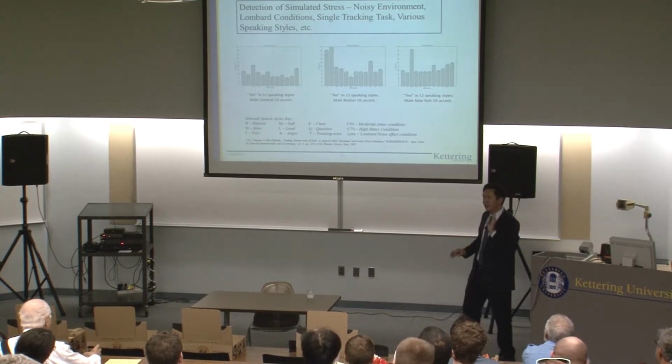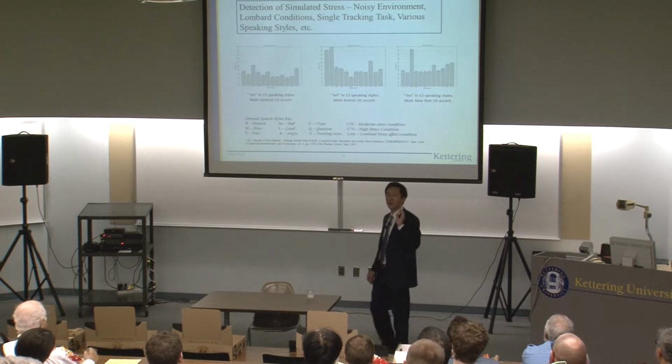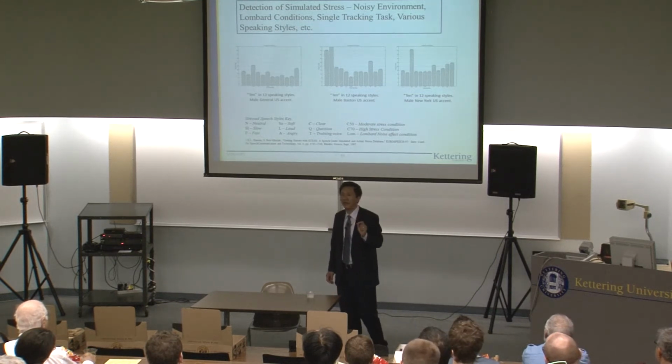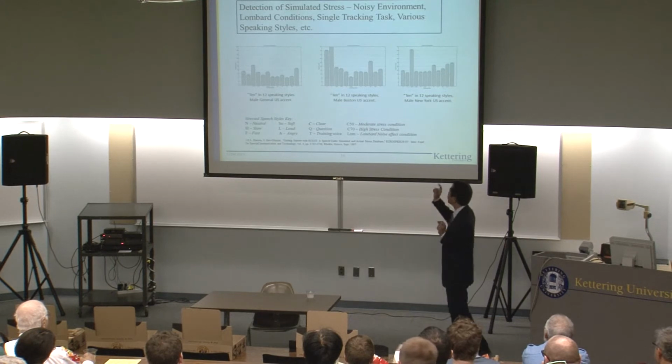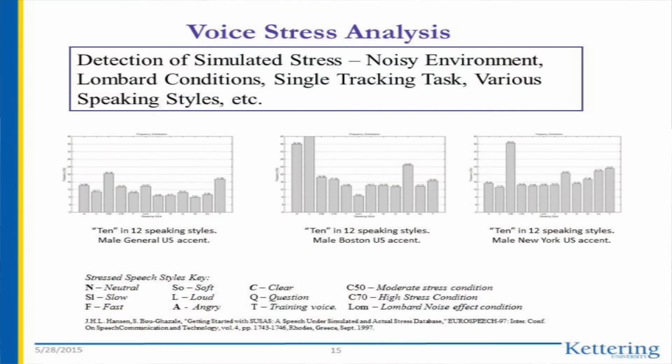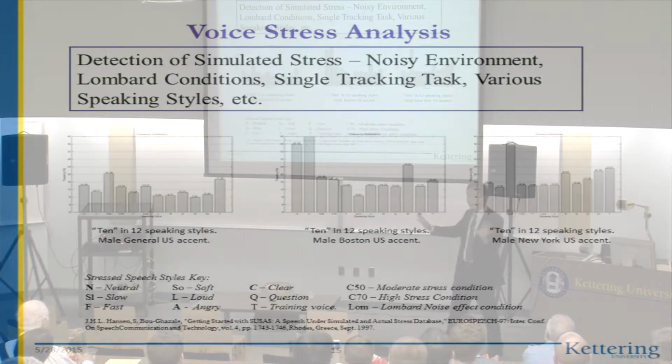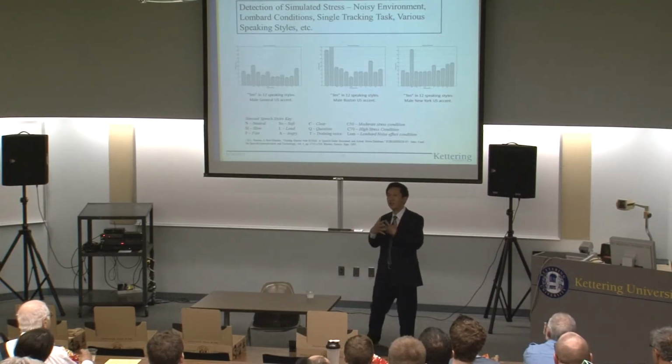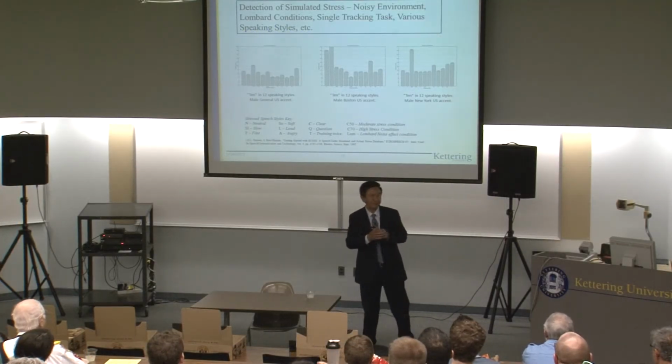We experimented with 3 sets of data. First, we experimented with simulated stress. We used the information from a database of different people with different speaking styles and different accents, for example male general US accent, male Boston US accent, and a New York accent. That database was first constructed by MIT at Lincoln Lab.